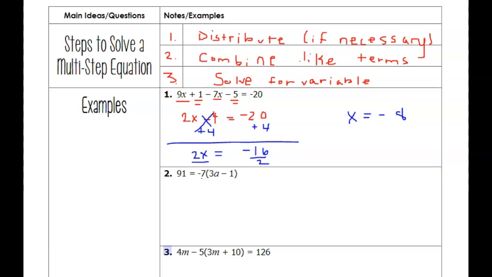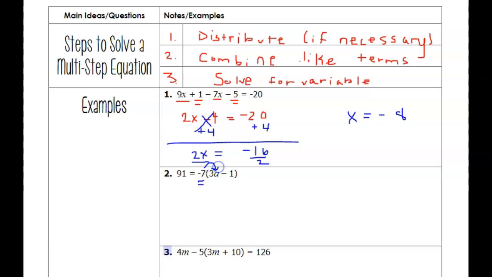Is it necessary to distribute using the distributive property? Yeah, absolutely. E-learners, you're right on target too. Yes, I see this negative 7 outside of this parentheses, so I do have to distribute.